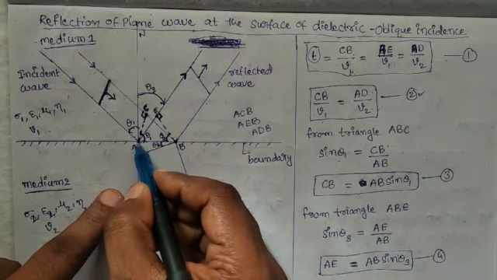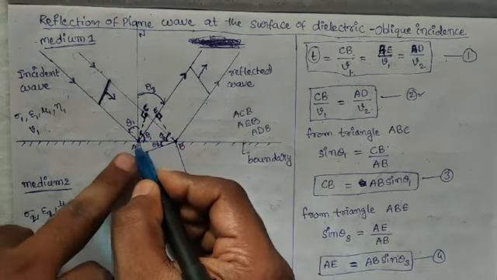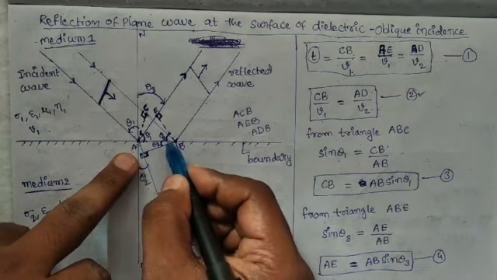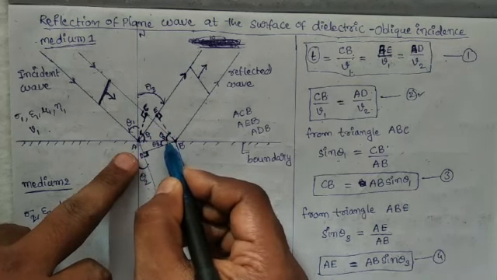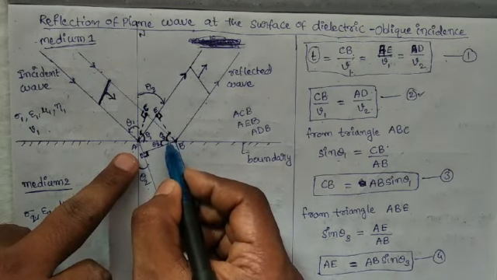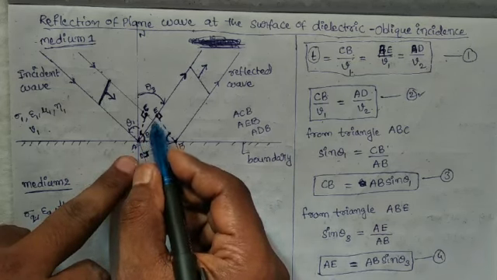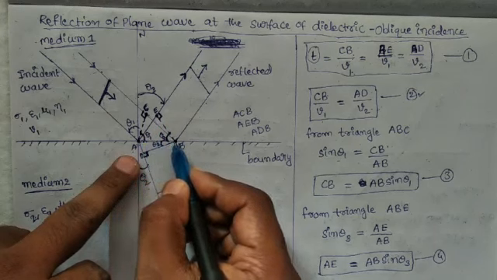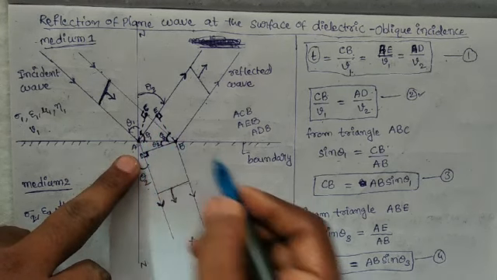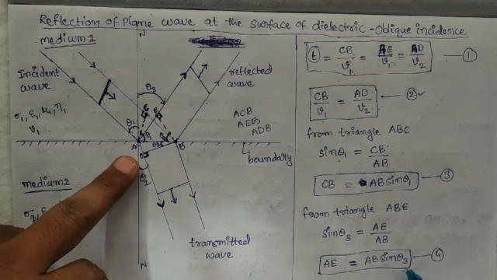Similarly, from triangle ABE, sin θ3 is equal to opposite, which is AE, by hypotenuse, which is AB. Sin θ3 is equal to AE by AB, so AE is equal to AB sin θ3. I am taking this as equation 4.